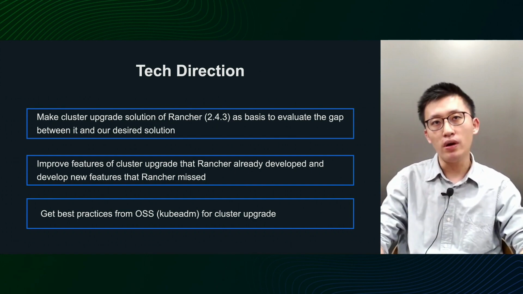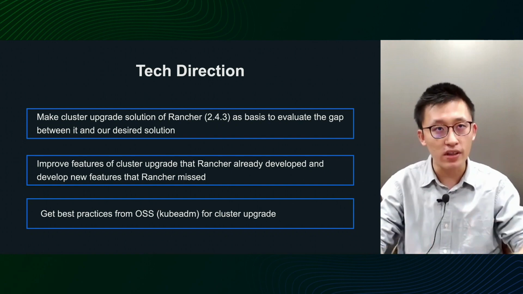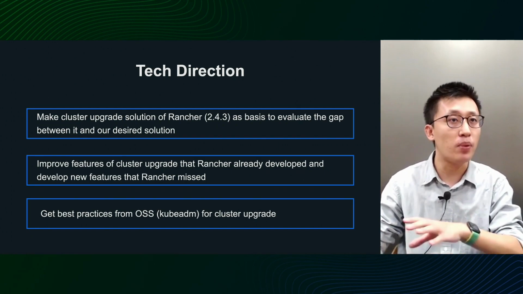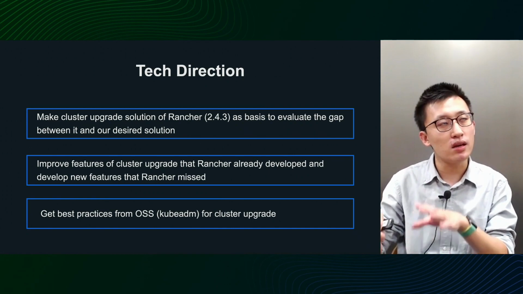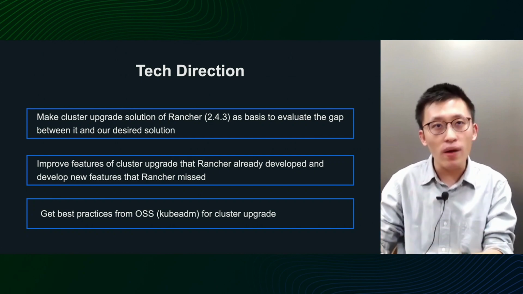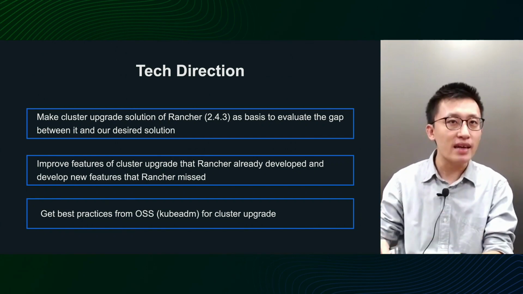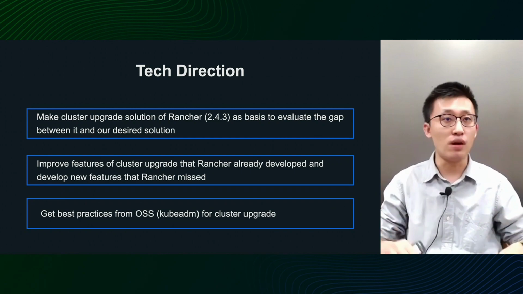That will improve our confidence in this type of logic, because this logic on the Kubeadm side is already used and validated by lots of users all around the world.